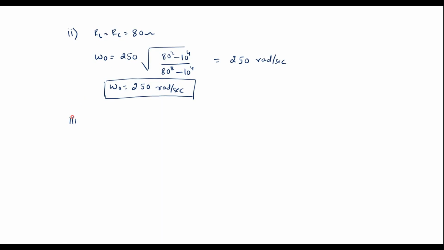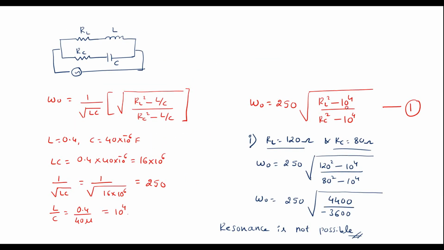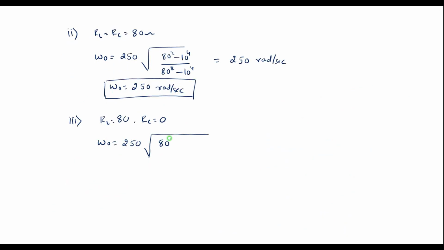Now let me consider the third case, where RL is equal to 80 and RC is equal to 0. That is, omega naught is equal to 250 times under root of 80 square minus 10 power 4 divided by 0 minus 10 power 4.